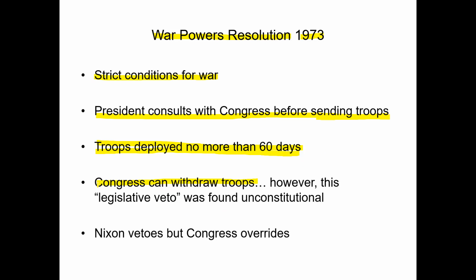This provision right here, however, is what killed this whole resolution. Congress put in there that, yes, if we do not like how it's going, we can withdraw troops. However, a few years later, this concept of the legislative veto was brought before the Supreme Court. The Supreme Court shot that down and said this is unconstitutional.